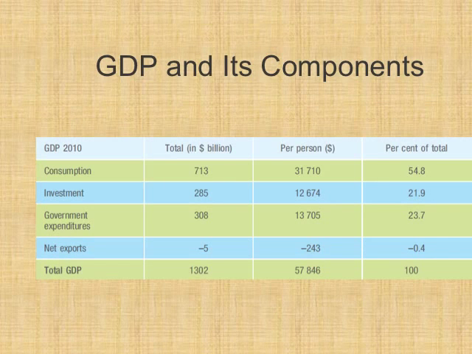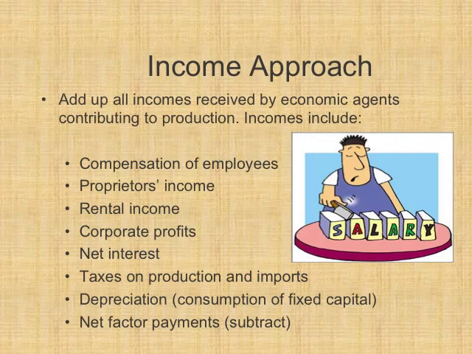The following example shows the working of national income through the expenditure approach. Note, the net export in the example is shown as negative per person. This number is negative because imports are greater than exports.